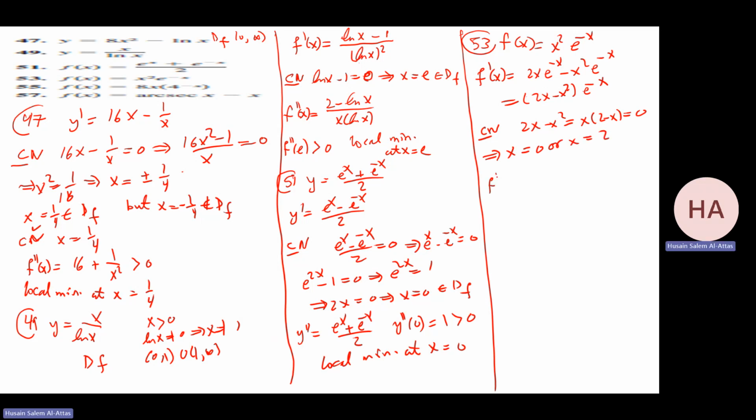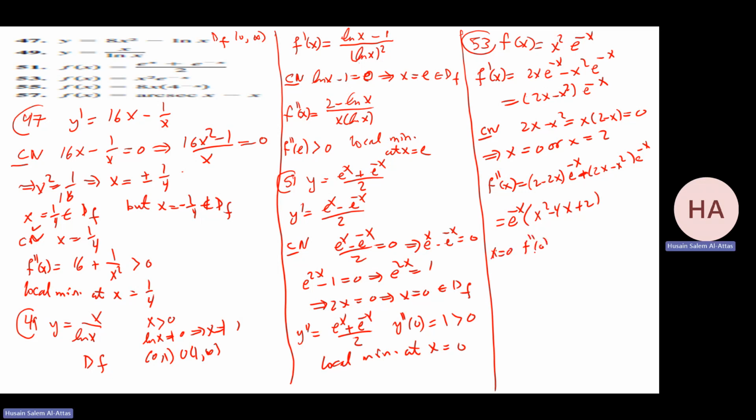We'll find f double prime. Not difficult, let me do it. That will be (2 minus 2x) e^(-x) minus (2x minus x squared) e^(-x). And that would give me e^(-x) times (x squared minus 4x plus 2). Now check if x equals 0.